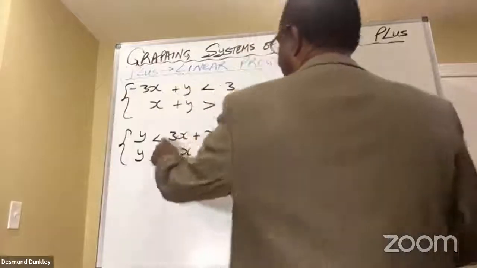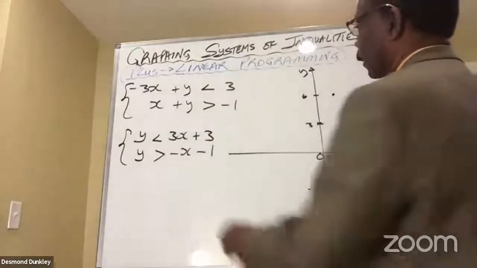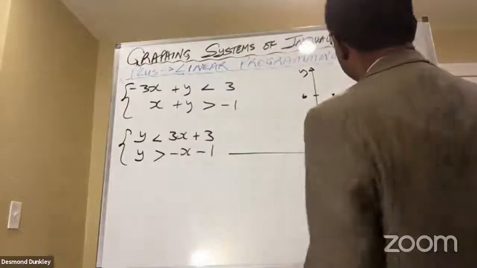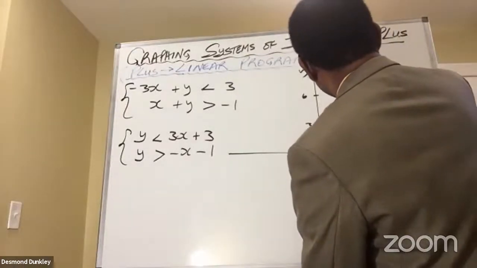Okay, and this is less than, and it's strictly less than, so it's a dotted line. So I'm going to draw something that looks like this.